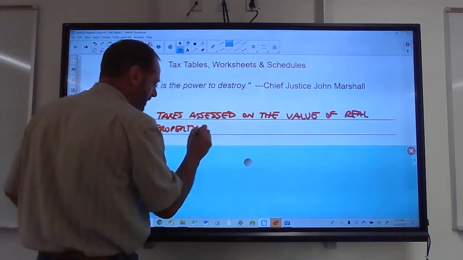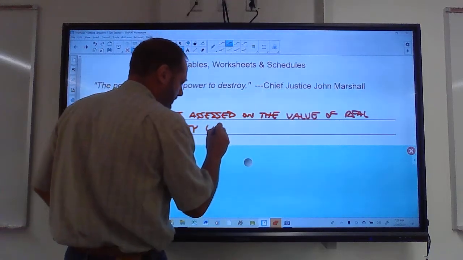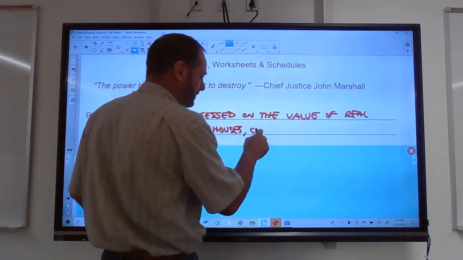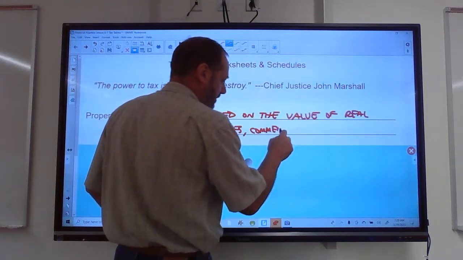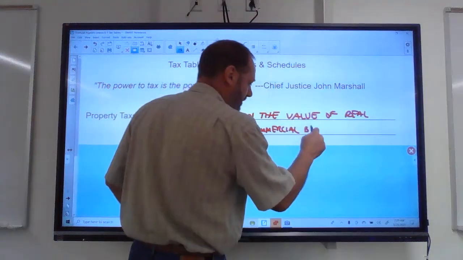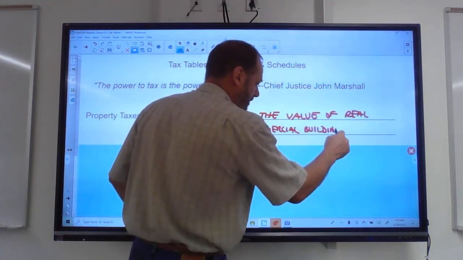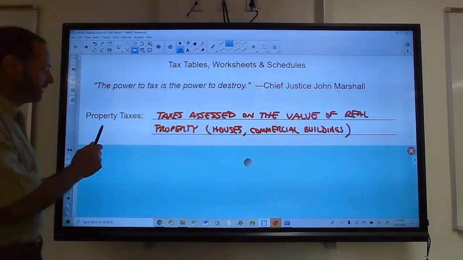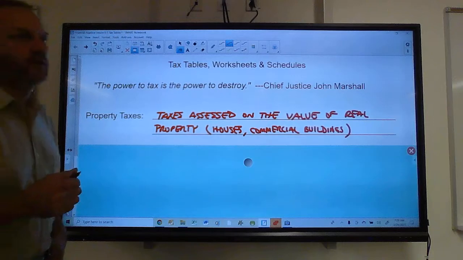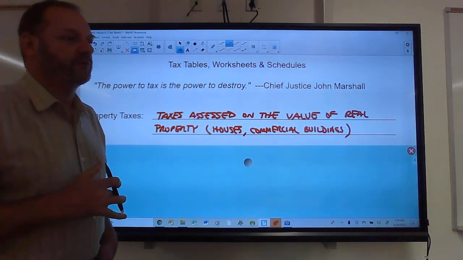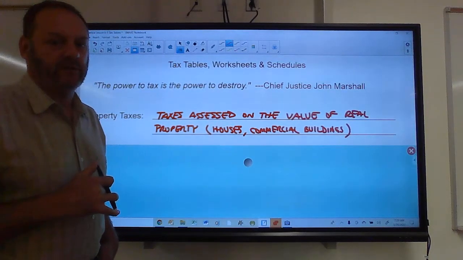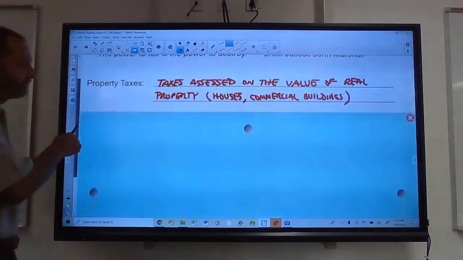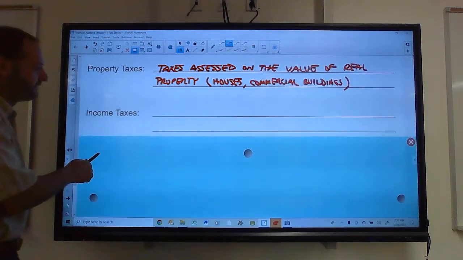So this would be things like houses, commercial buildings, etc. Okay, so that's one kind of tax. This is generally the tax that covers state and county services like schools. Okay, schools are paid for in Oregon through property taxes.